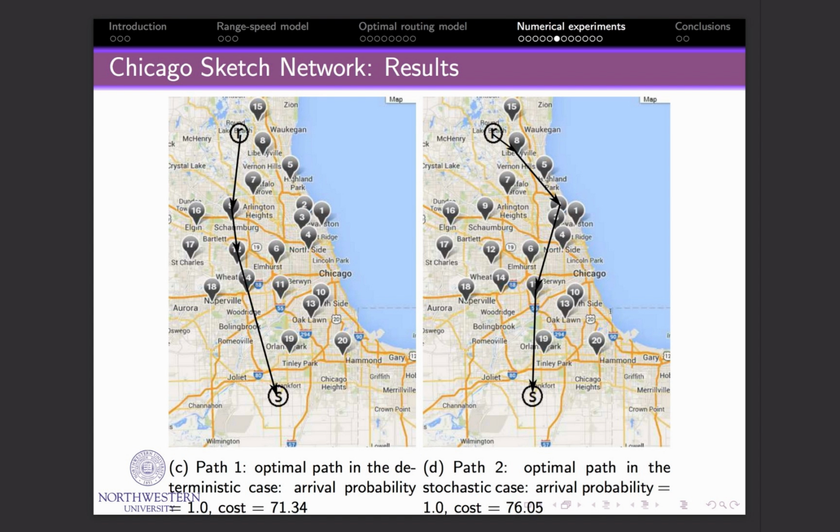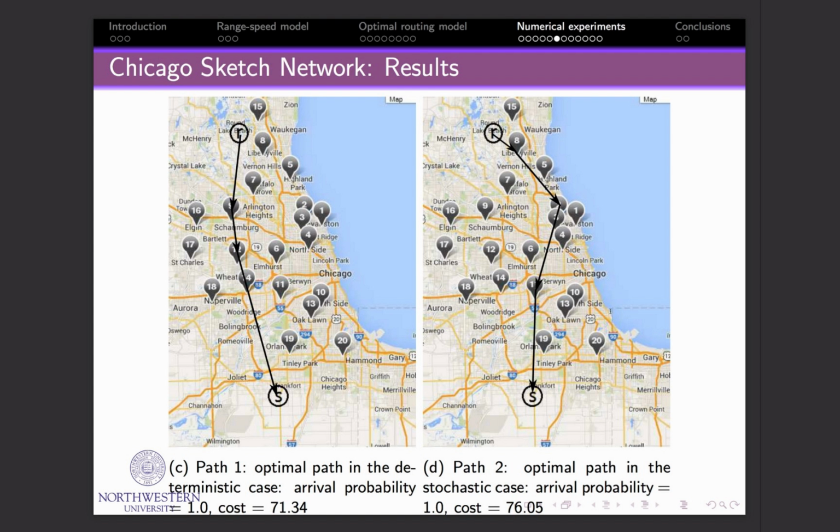So here are the results for both the deterministic case and the stochastic case. Path 1 is the optimum path in the deterministic case, and we can see in the optimum path, the vehicle refuels twice. In path 2, the optimum path for the stochastic case, the vehicle refuels 3 times. As expected, the cost in the stochastic case is higher, and the arrival probability is 1 in this case.